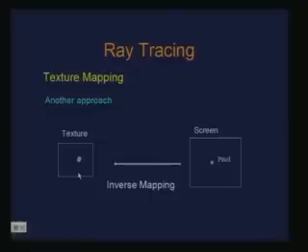So the issue is, what do we do with this? We have established the correspondence as to what this pixel or the point on the surface has with the texture, or a point on the texture. So what do we do with it?